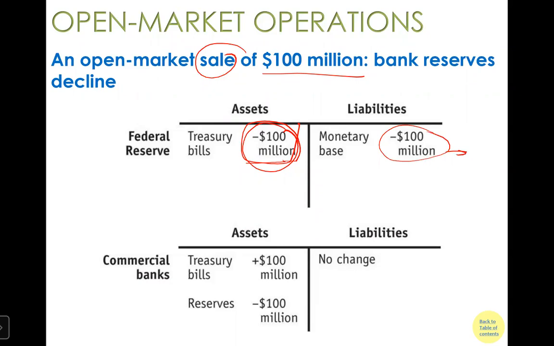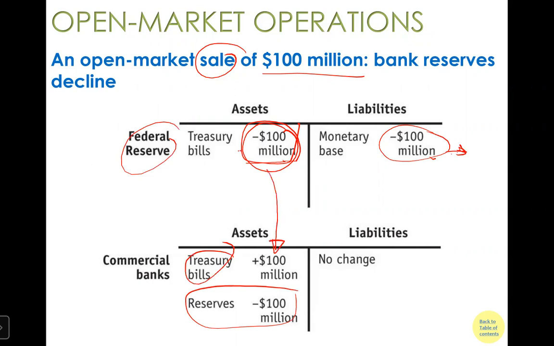Now the commercial bank essentially has less deposit at the central bank because the central bank just paid off their original borrowing. Instead, because the Fed sold the treasury bills, the commercial bank is going to buy the treasury bills.